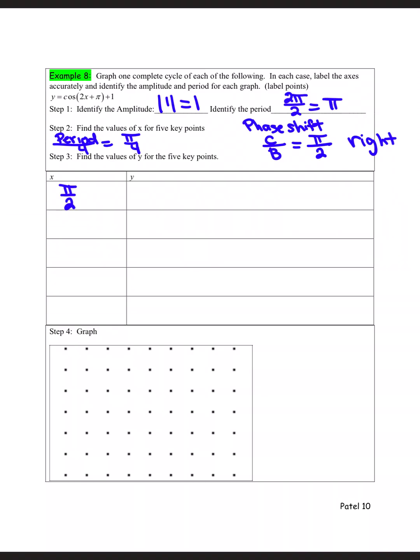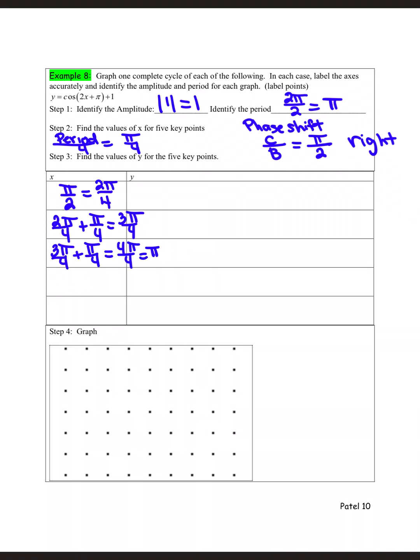I'm going to go ahead and say pi over 2, getting the common denominator of pi over 4 since my increment's pi over 4. So pi over 2 is the same thing as 2 pi over 4, just so that way I have my common denominator already ready. So we have 2 pi over 4 plus pi over 4 is 3 pi over 4. 3 pi over 4 plus pi over 4 is 4 pi over 4, which is pi.